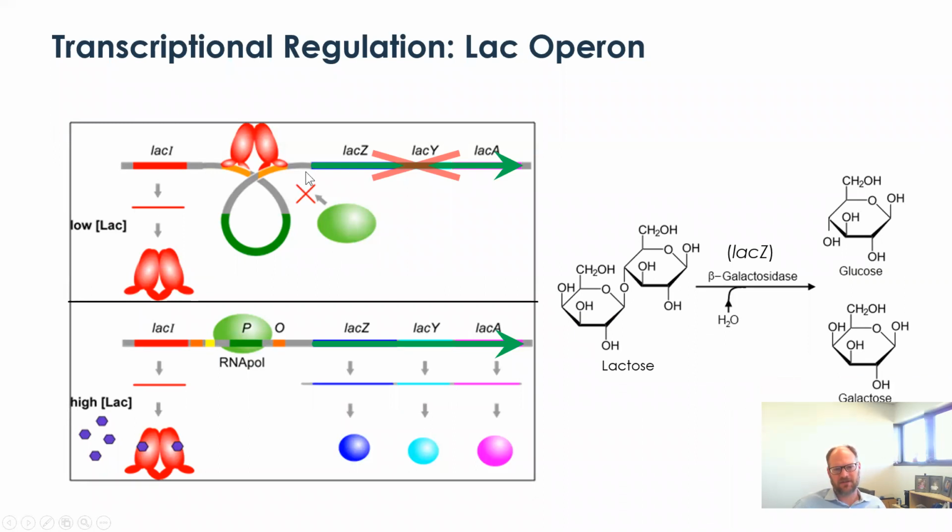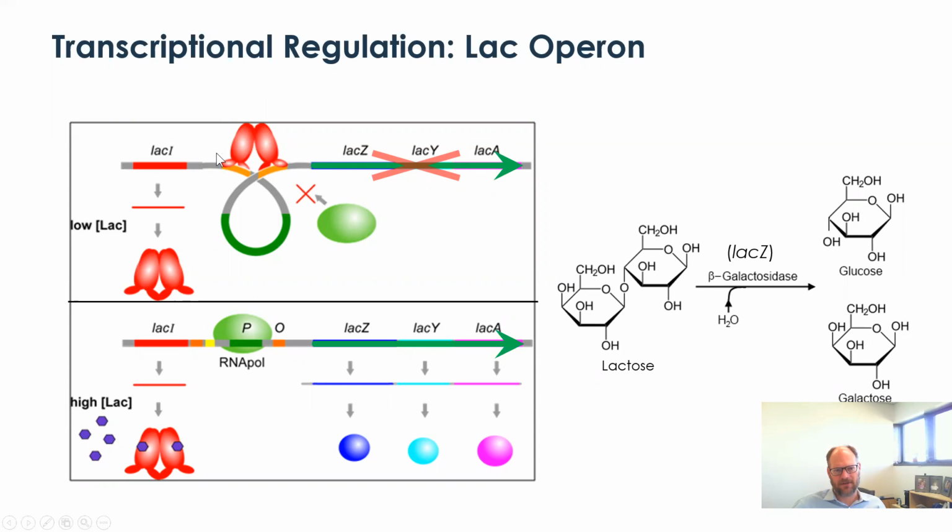This mechanism is used in prokaryotes to regulate the expression of beta-galactosidase and other lactose catabolizing related proteins. Briefly, the way this works is that there's a repressor, LacI, that binds to a regulatory element upstream of the operon.